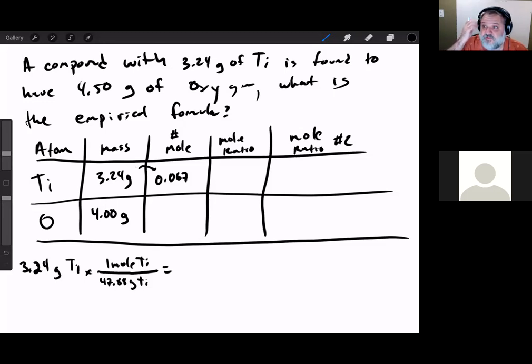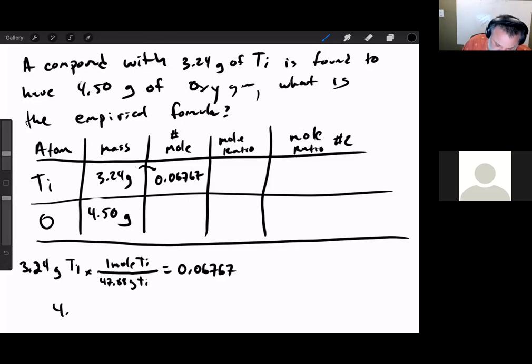So 0.6767 because there's a 9 after that. Thank you. You're right. Look at the problem. The problem says 4.50 grams here. So let's do that one. So this one was 0.06767.